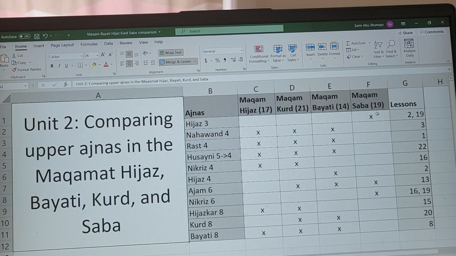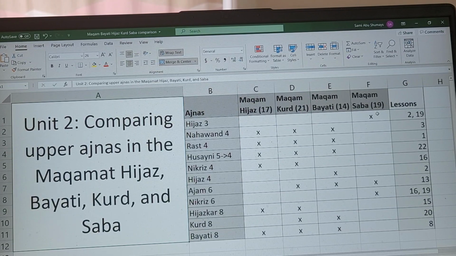Ya Laini, Ya Laini, Ya Nail, Ya Nail, Nekris, Nekris, Nekris, Nekris, Ajam, Ajam, Hijaz, Hijaz, Saba, Saba.